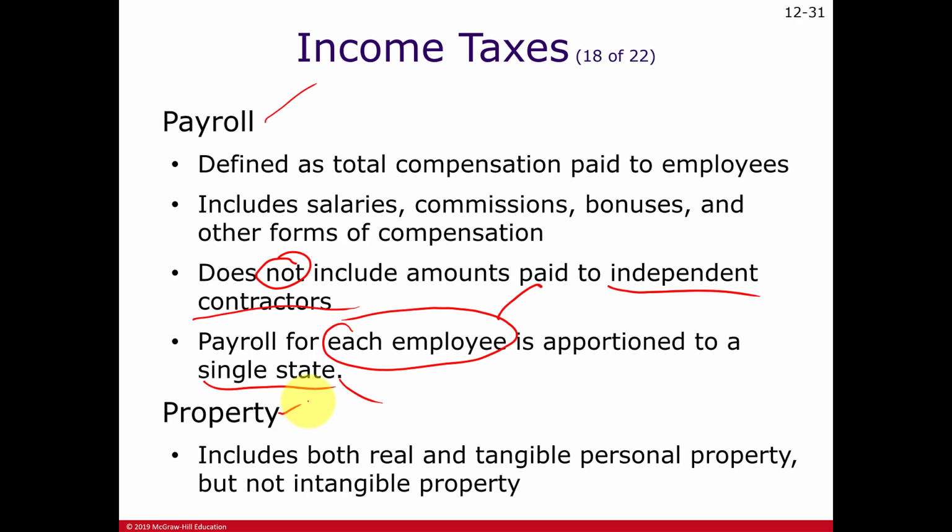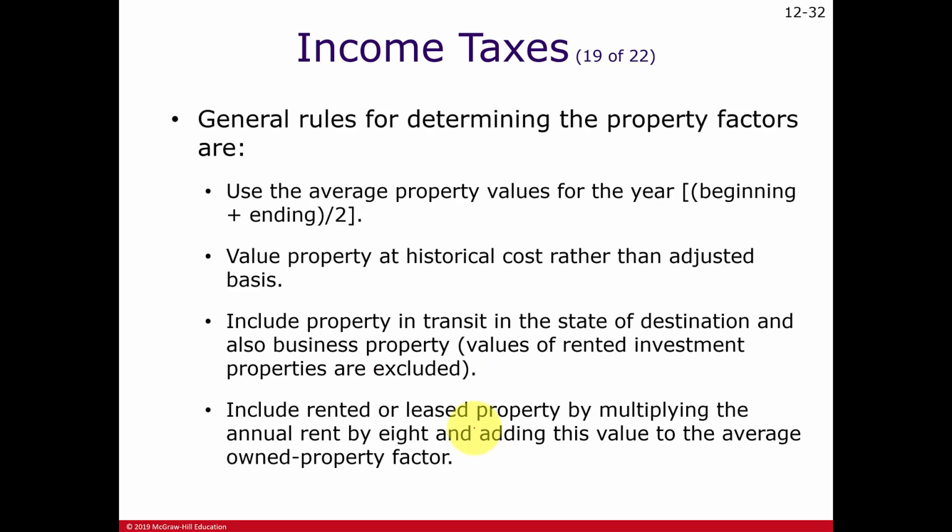In the case of property, and that's the third factor, the big one would be any real estate located in that state, and then tangible personal property. Now, the amount assigned to the property is typically the historical original cost, not reduced by any accumulated depreciation. And you may need to average out during the year the beginning and ending cost amounts.